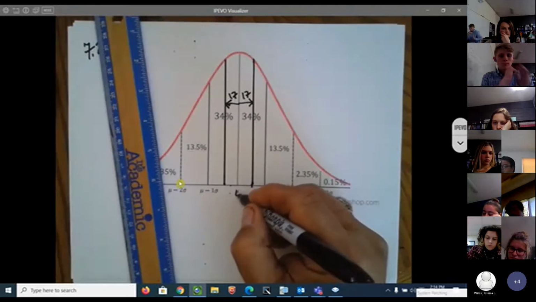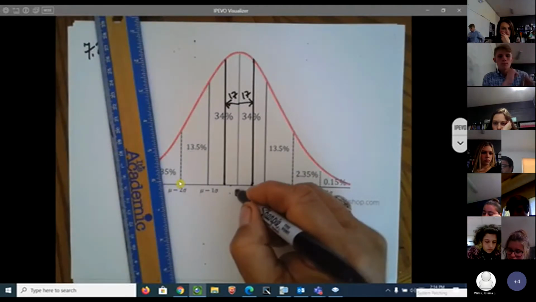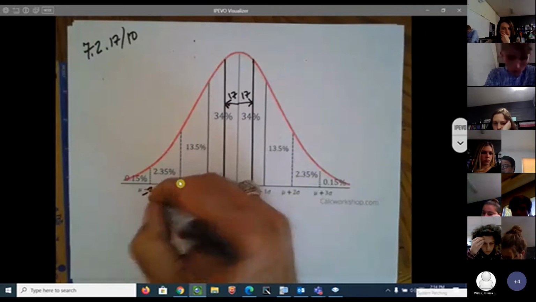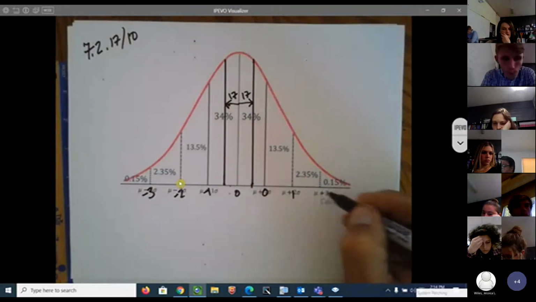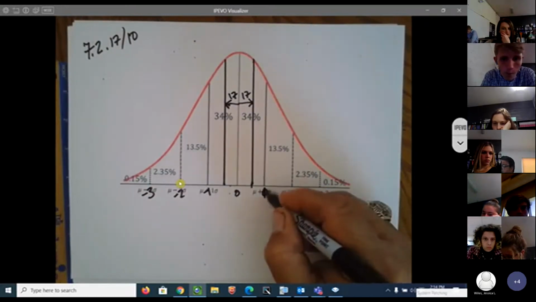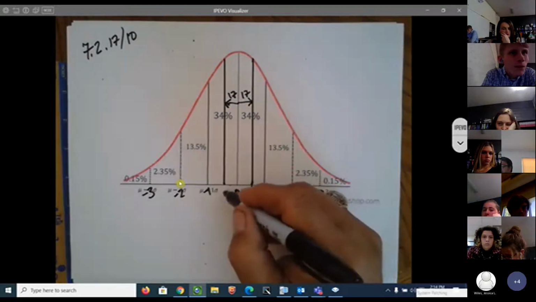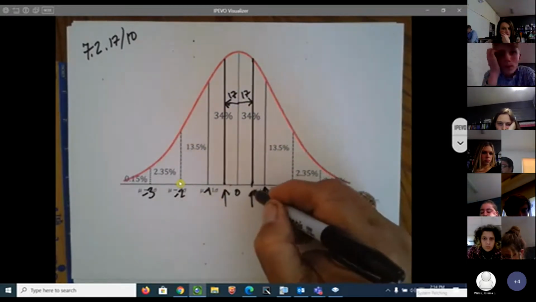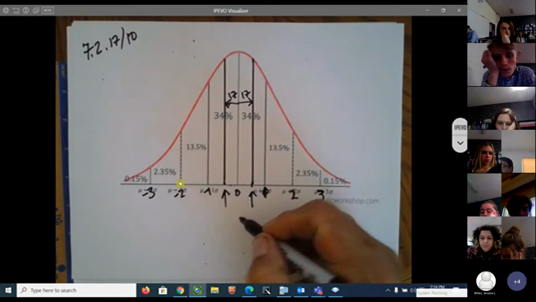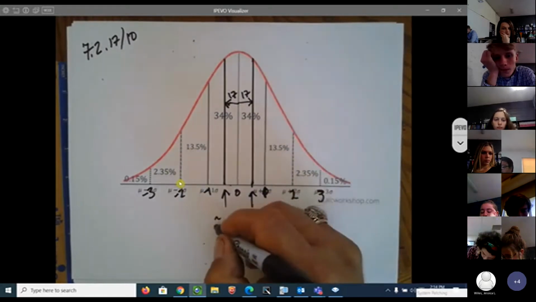So I've got a z-score here, -1, -2, -3, 0, 1, 2, 3. So I'm going to have a z-score somewhere between 0 and negative, I'm going to say around 0.5.